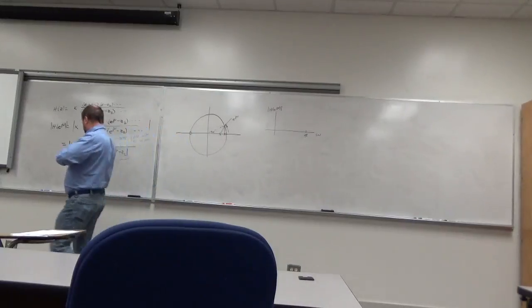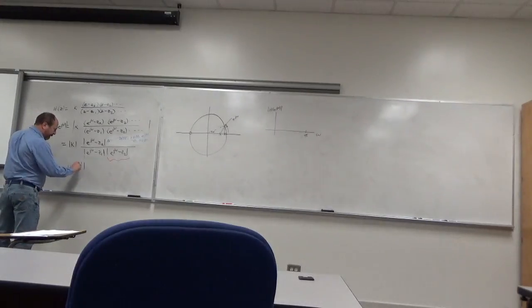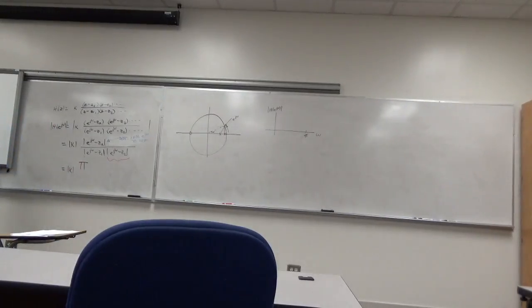So what have I got there? I have an expression that looks like this. Absolute value of k, capital pi for product. You know we're used to using capital sigma for sum. Capital pi is used for product.